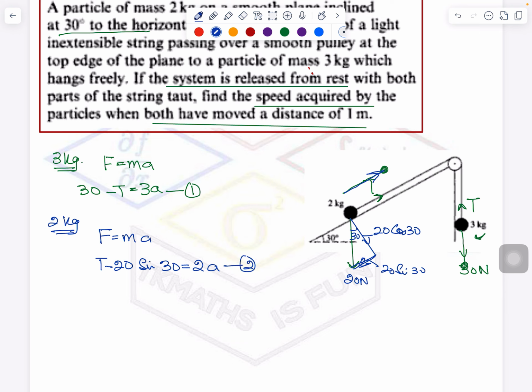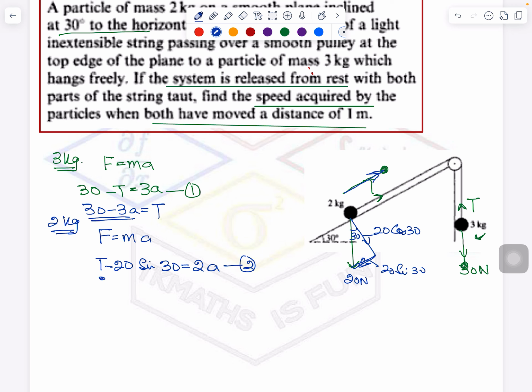Now you solve them simultaneously like I have solved earlier. So it will become 30 minus T. Let me make T the subject from here. So this value of T I will plug in here.